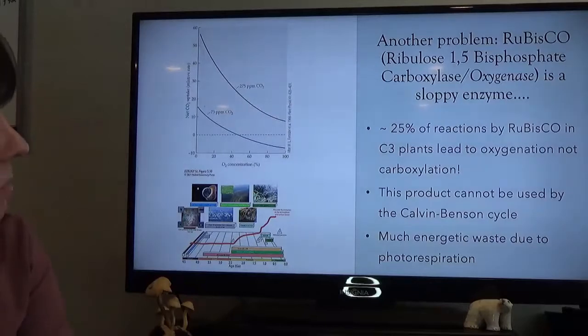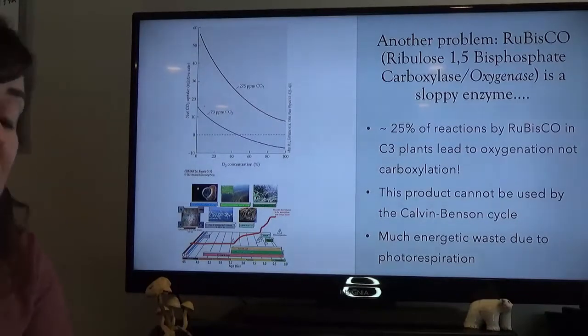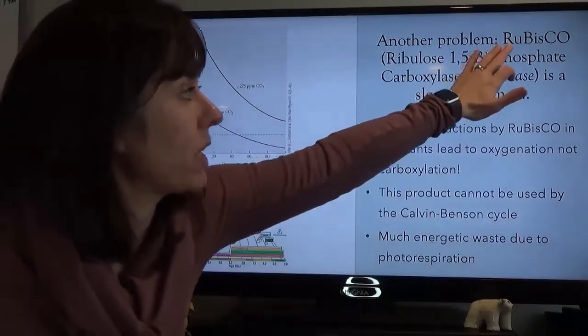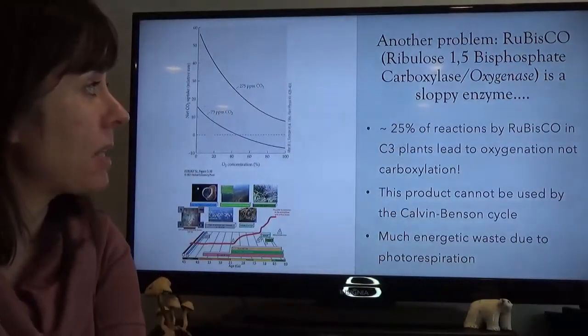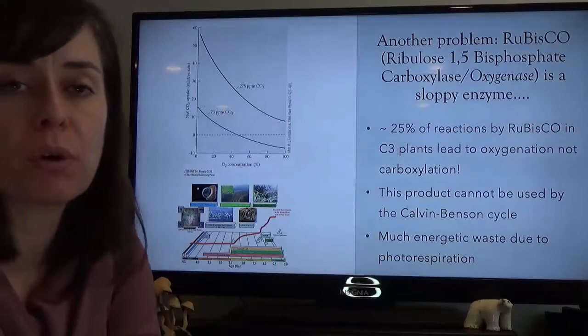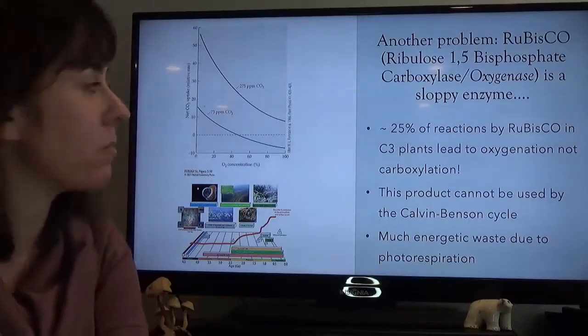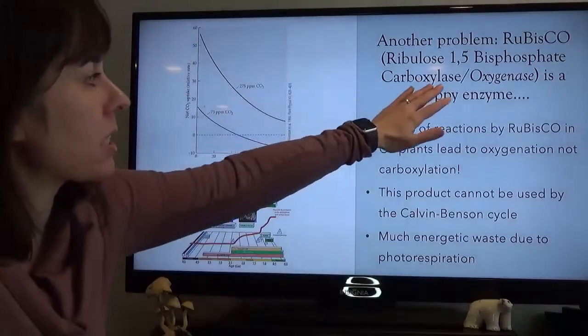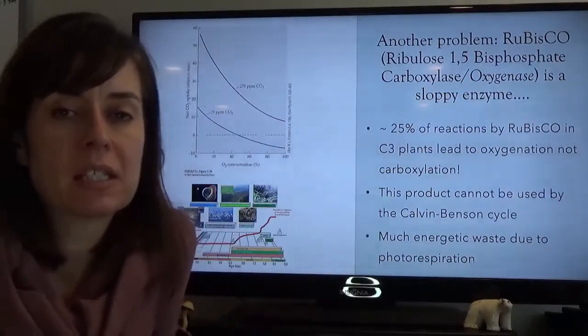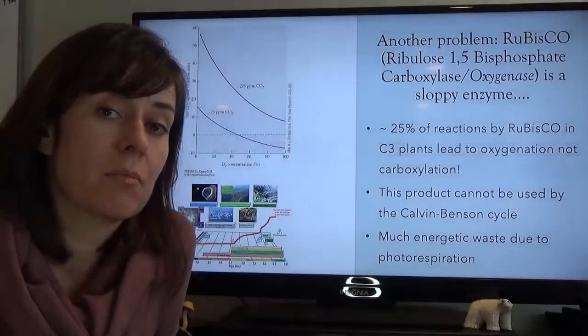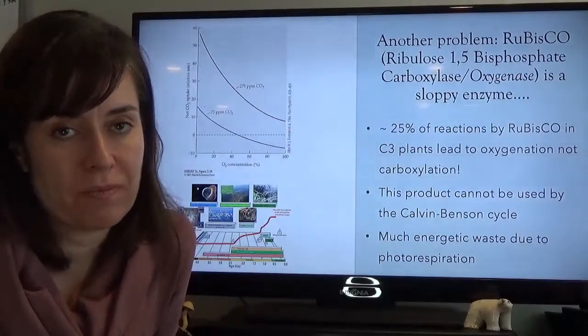Okay, so we have these temperature issues, and then there's another problem: ribulose 1,5-bisphosphate carboxylase oxygenase, also conveniently referred to as Rubisco, is a really sloppy enzyme. For those of you who are familiar with enzyme terminology, carboxylase/oxygenase means that Rubisco can fix carbon dioxide, but also oxygen.